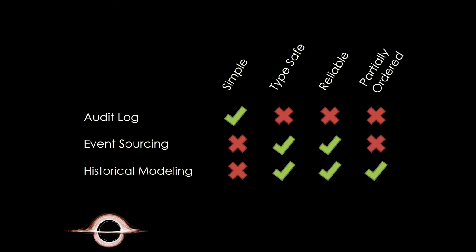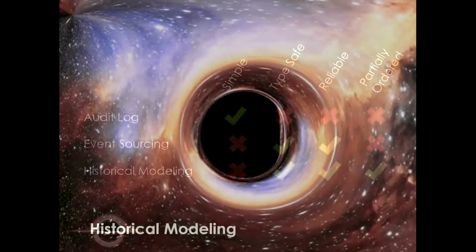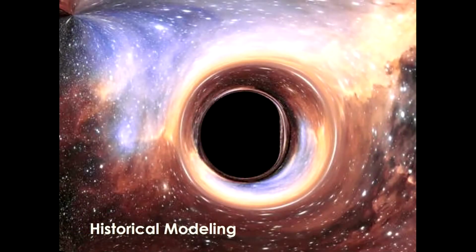But it is type safe, it is reliable, and it is partially ordered. So let's take a look at our first example. Historical modeling. It's like space-time bending around objects based on your perspective. It's actually not a bad metaphor.